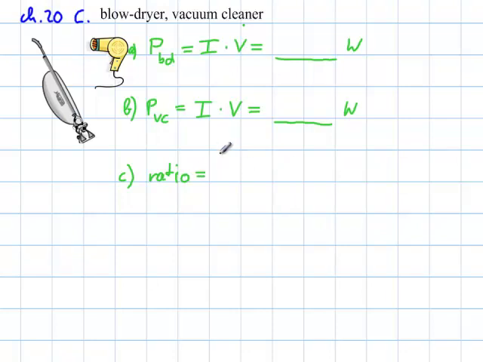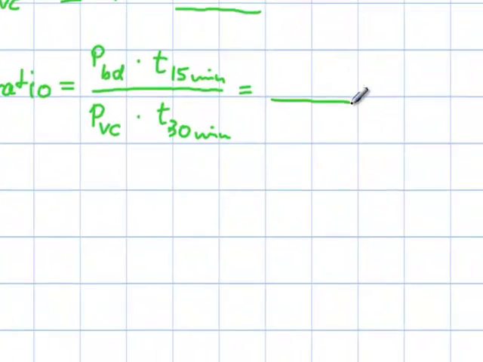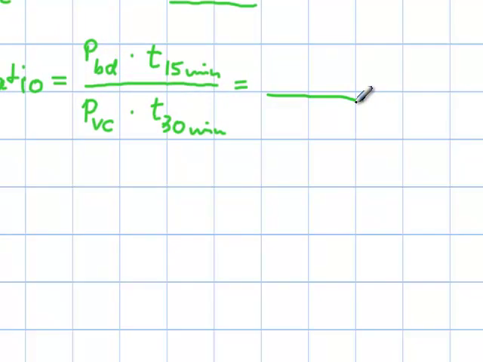So that would mean the power of the blow dryer times the time that it's being used, and it was the 15 minutes respectively, 900 seconds, divide by the power for the vacuum cleaner, that was just calculated, times the time for 30 minutes, which is 1,800 seconds, and then equals, and then you're going to come up with so and so much more by the blow dryer compared to the vacuum cleaner, with no units because a ratio doesn't have units.